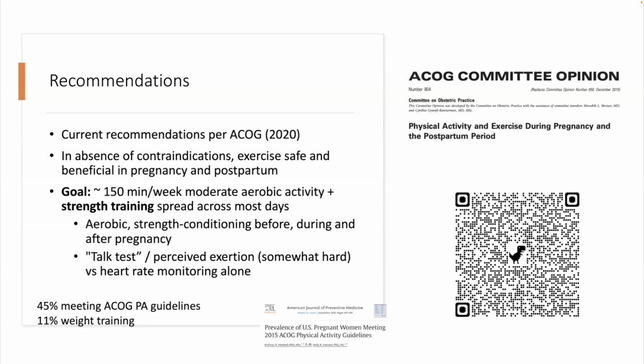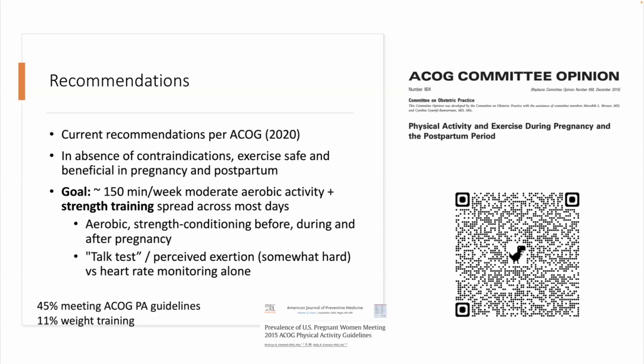What was interesting is in 2015, ACOG shifted their guidelines quite a bit. And right after that, they did a general survey to see how many of these patients are actually abiding by them, what they are actually doing day to day in terms of physical activity. They found that only 45% were actually meeting the current guidelines of the 150 minutes.